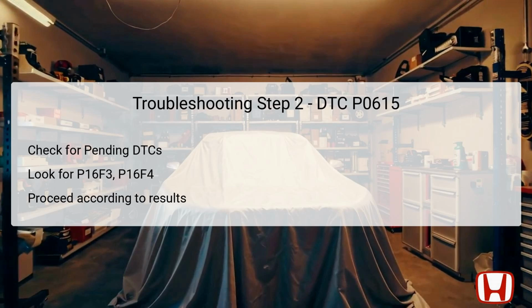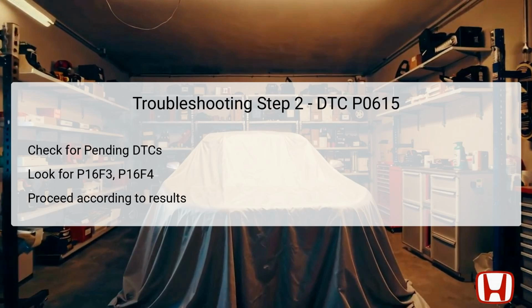Specifically, look for additional codes, namely P16F3 and P16F4, which indicate low voltage on the starter cut relay 1 and 2 control circuits, respectively. If these are present, it suggests that there may be multiple faults needing attention, and you should follow the specific troubleshooting procedures for those codes.